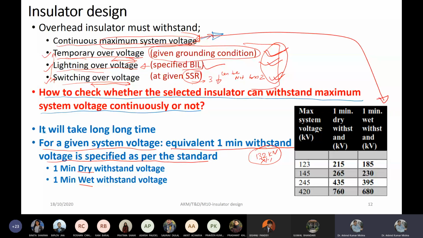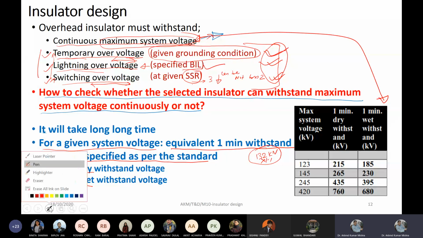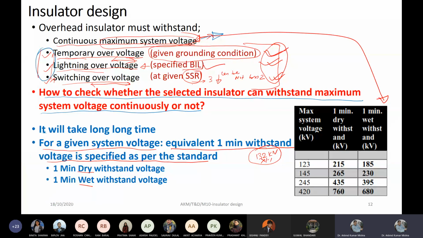So these three you already know, and for this you use this much. That means you now have to design an insulator for a given voltage, say this maximum system voltage. What does it mean?